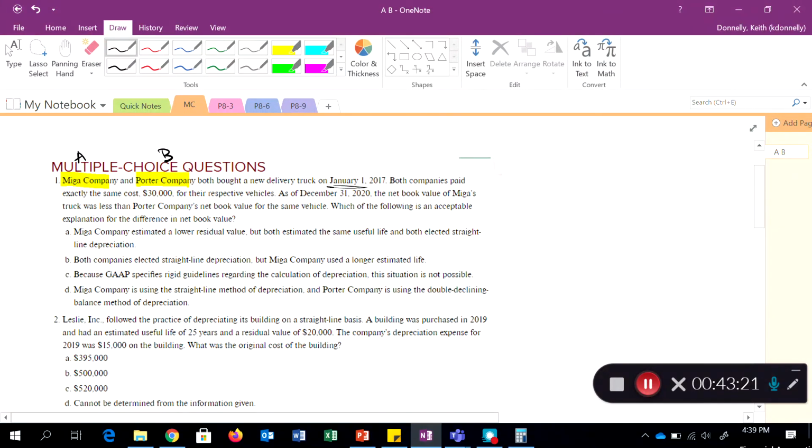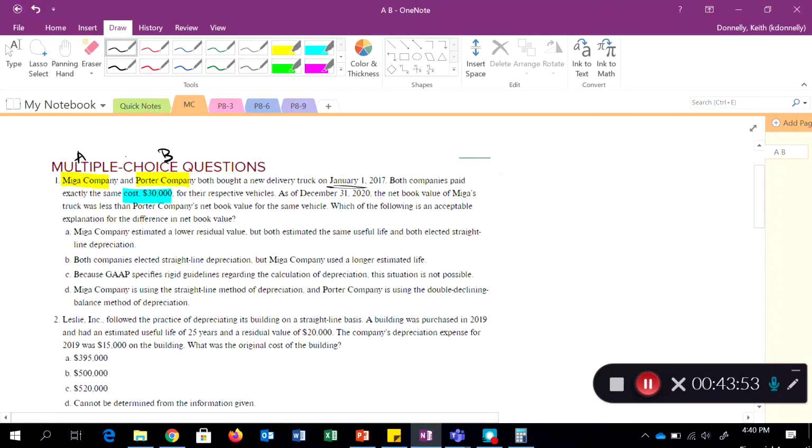Both companies paid $30,000. So cost is $30,000. As of December 31st, 2020, the net book value of Company A's truck was less than Company B's net book value. Which of the following is an acceptable explanation for the difference in net book value?